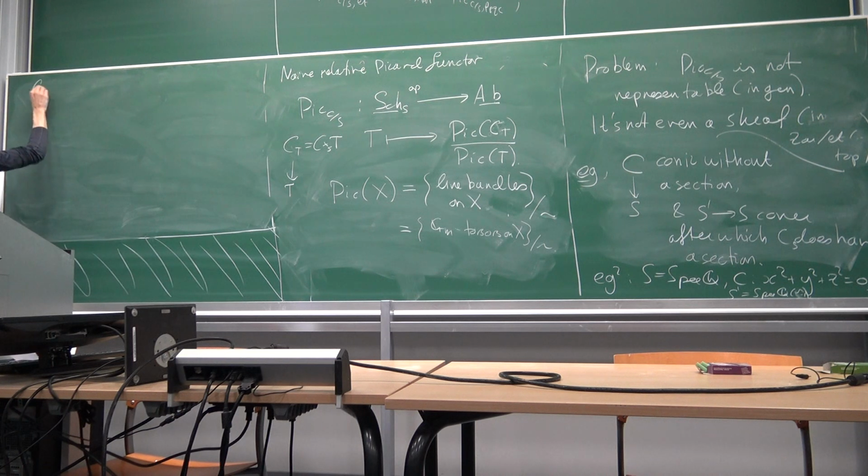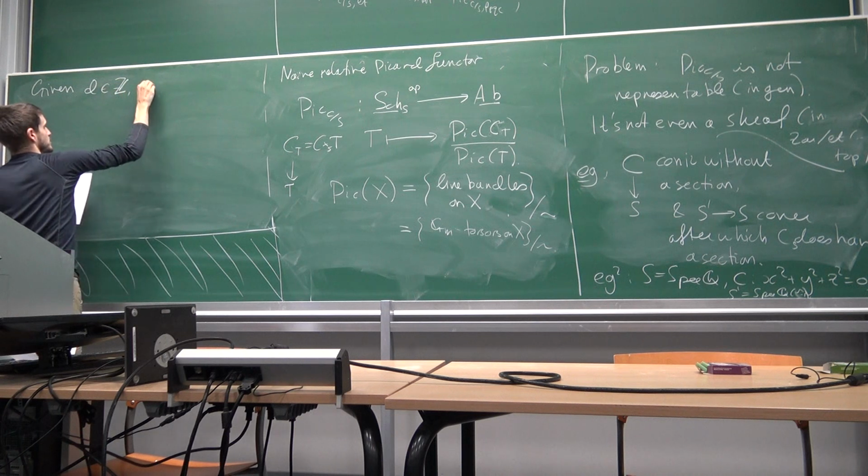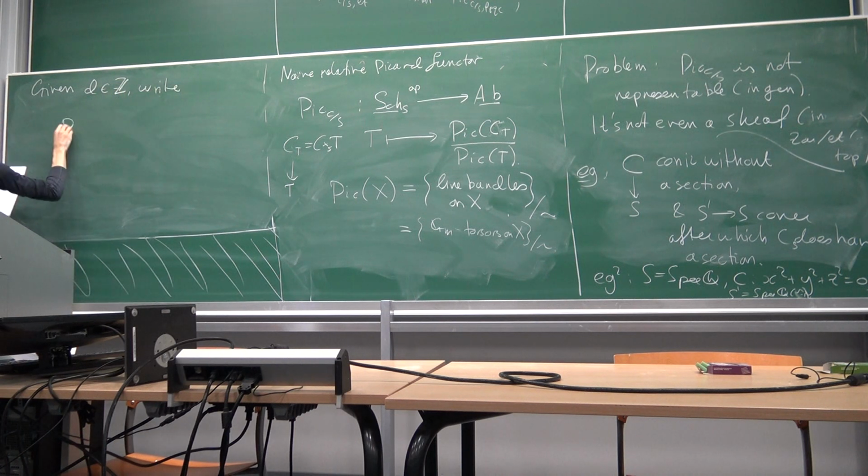So given some integer d, we can write Pic^d of C over S. So now I have a notation issue.